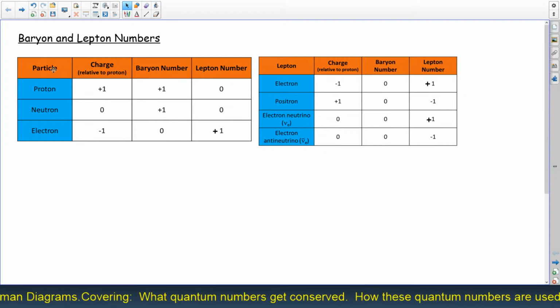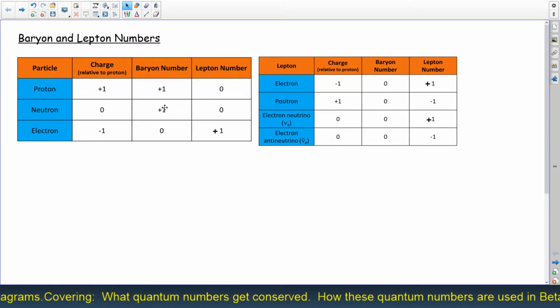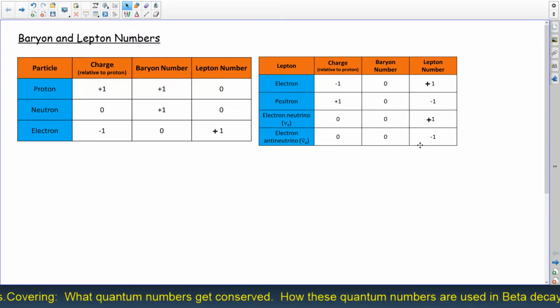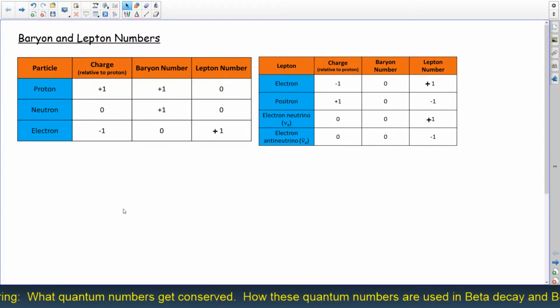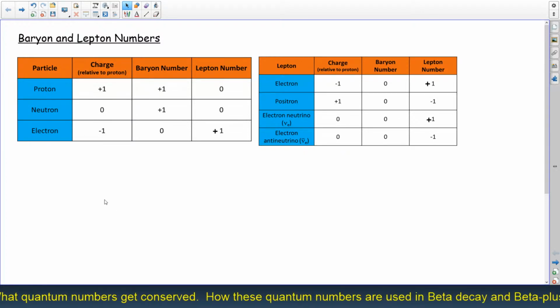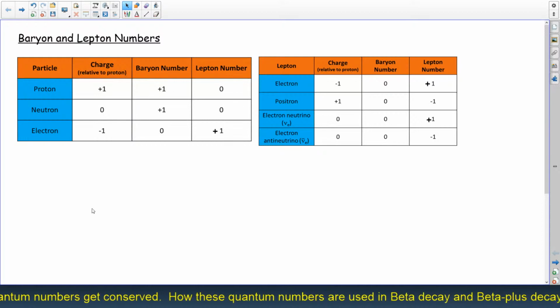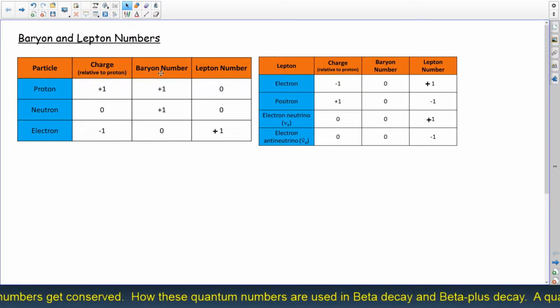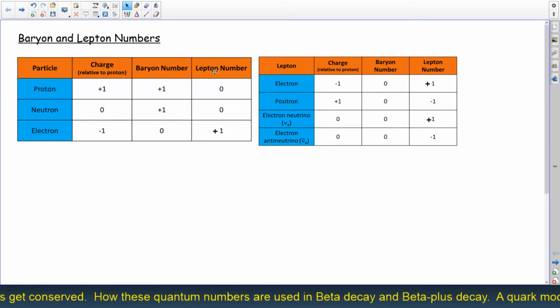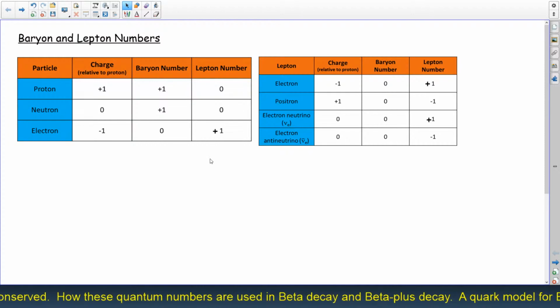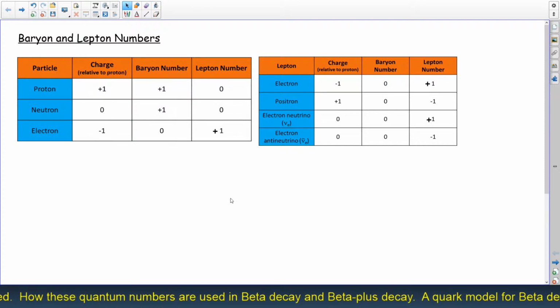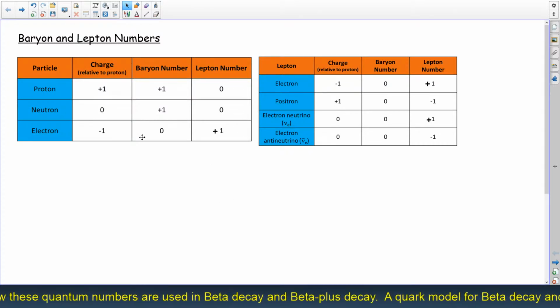Okay, so these are our particles here. We've got a couple of baryons here. We've got a couple of leptons going on over here, and we're just taking a look at their numbers. Now, the quantum numbers that we're looking at tonight are charge, baryon number, and lepton number. There are other quantum numbers associated with things, like spin quantum numbers. We're not going to take a look at those tonight.